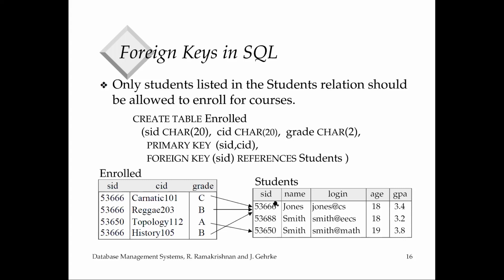So it's a way of making sure that someone does not come in here and just punch in a random number, maybe 223 for the student ID. Rather, the database will check: okay, you're entering an enrollment for student 53666, let me first check the students table and see if they exist. If they exist, then the transaction proceeds.